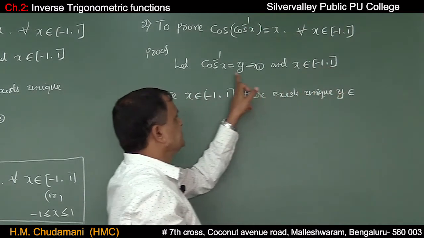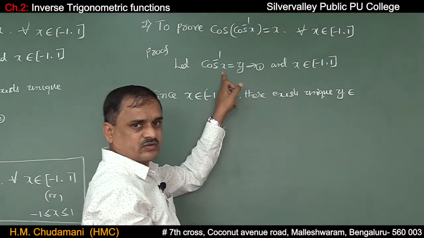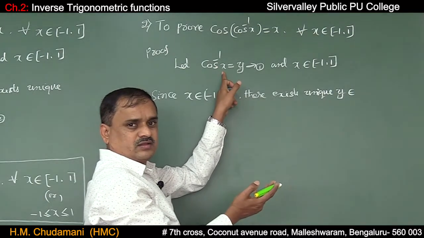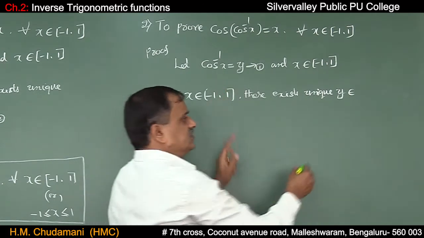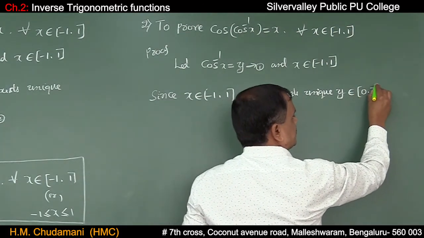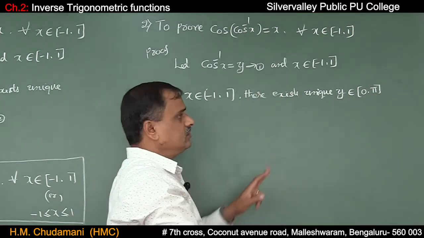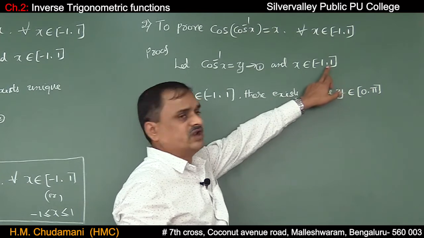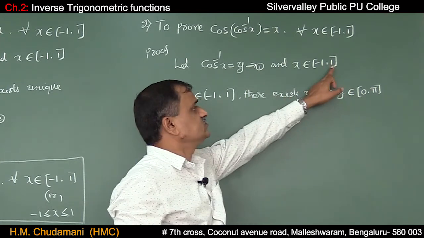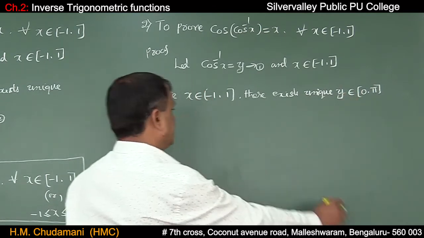If I select x as 1 means y equals cos inverse of 1 means 0. Pi comma 0 is nothing but 0 comma pi. Cos pi, cos 180 degrees is minus 1, cos 0 is 1, correct? So for minus 1 comma 1, y belongs to 0 comma pi.